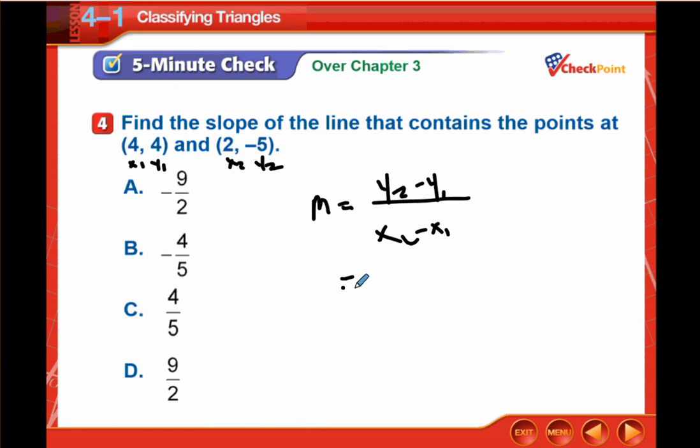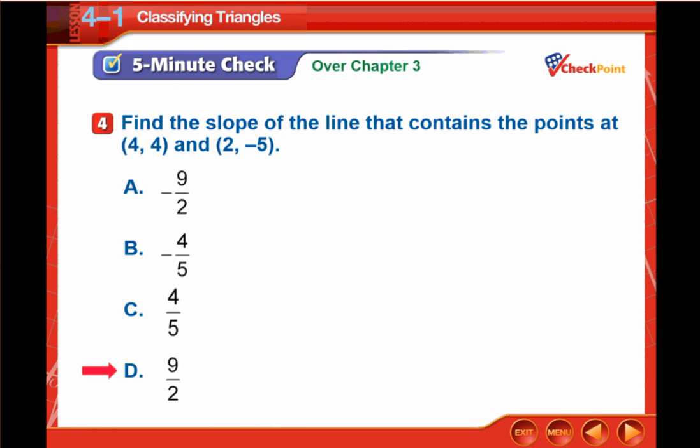Substituting in those values, we get negative 5 minus 4 over 2 minus 4, and that gives me negative 9 over negative 2, and the negative over negative will cancel and give me positive 9 over 2, so my answer is choice D, 9/2.